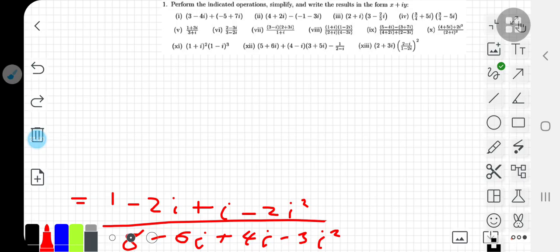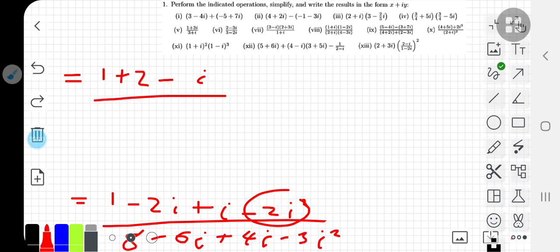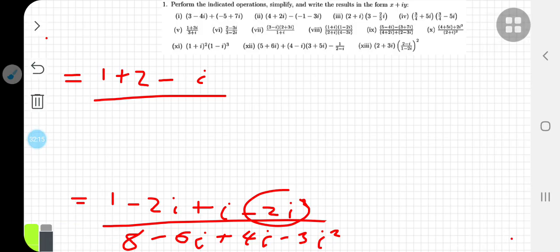Okay. So when we simplify on top, we're going to have 1 plus 2 from this part. Then negative 2i plus i, we're going to have negative i there, over. Here we're having 8 minus 6i. So here we're going to have 8 plus 3.